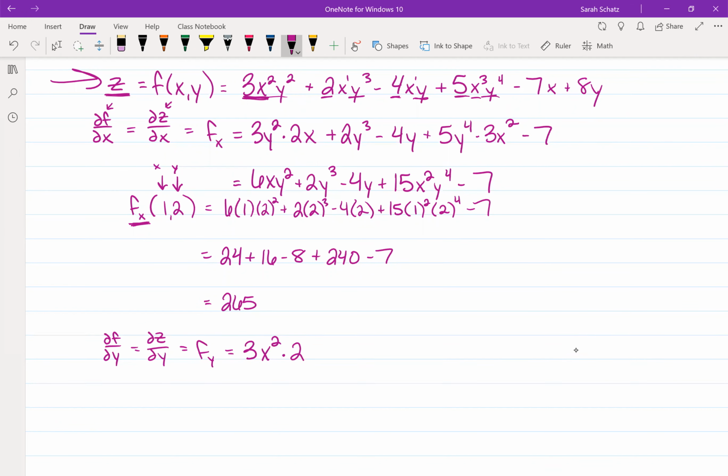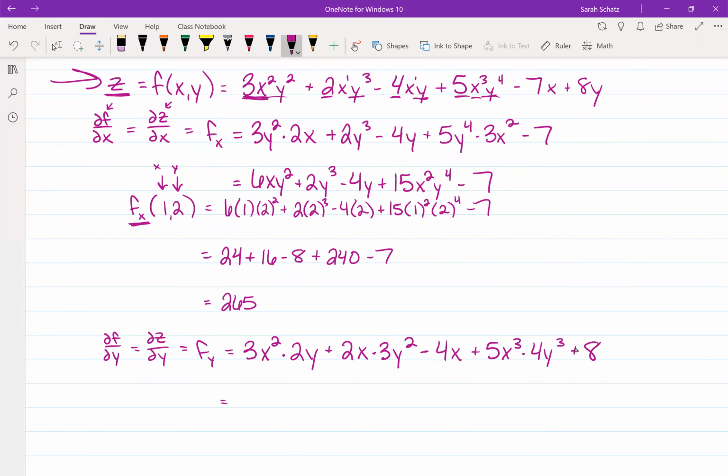And then you do the power rule on the y squared. With respect to y, 2x is a coefficient and you do the power rule on the y cubed. Minus 4x, 4x would be the coefficient on y, plus 5x cubed, that's all the coefficient, and then you do the power rule on the y to the fourth. And then the only thing left would be a plus 8 from that plus 8y.